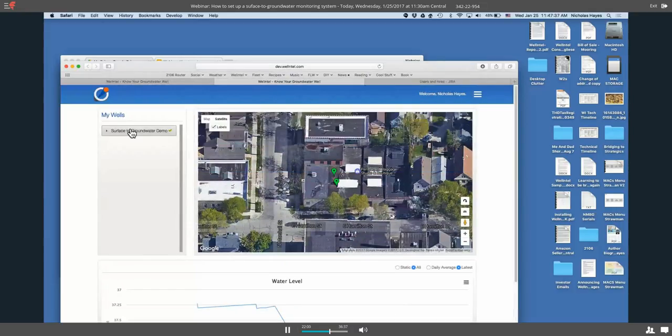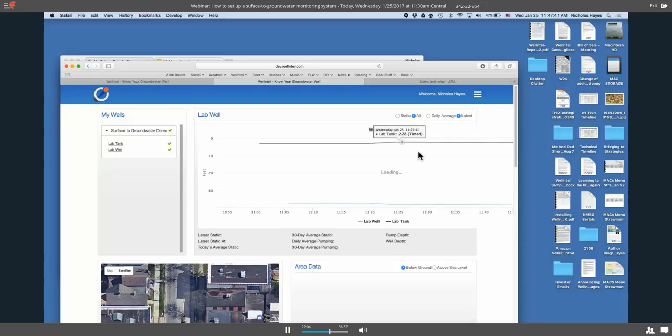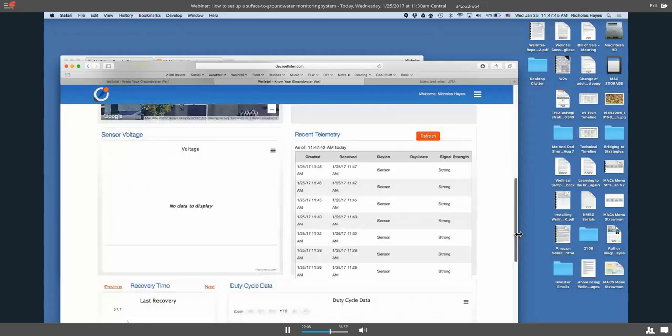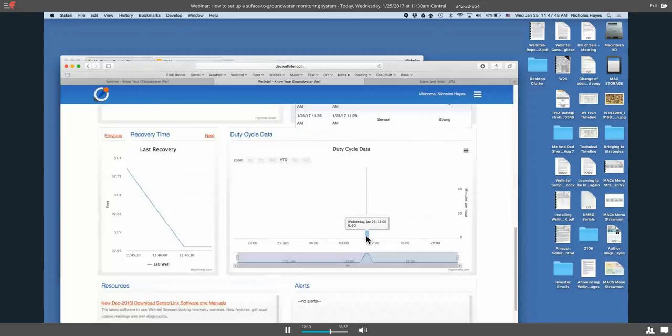Now I'd like to go one more level down with you and talk a little bit further about the data that might be useful in a program that includes systems like this. The pumping event that I just did is not fully registered yet because we don't have recovery.